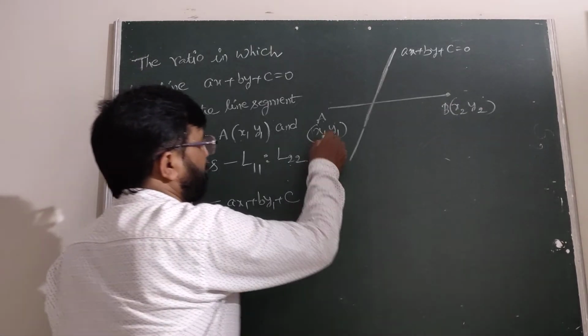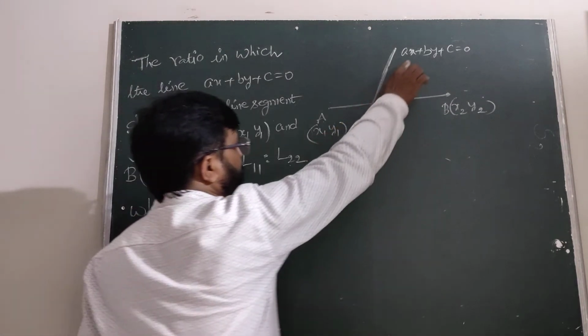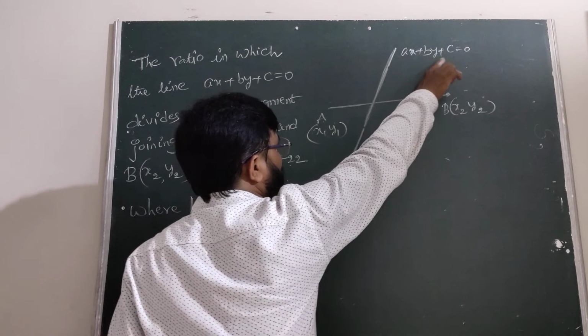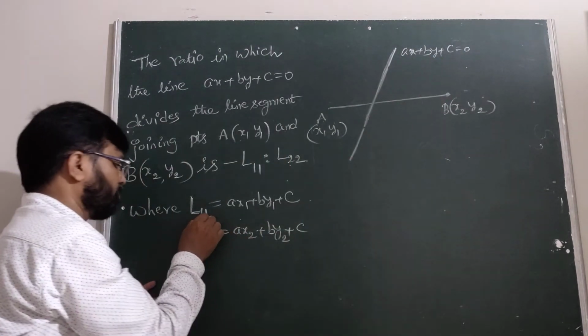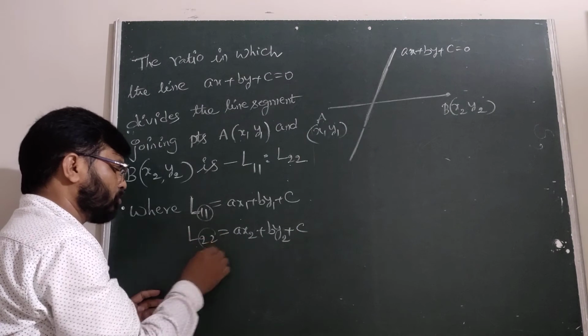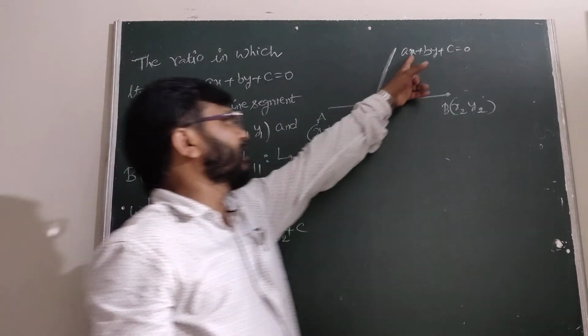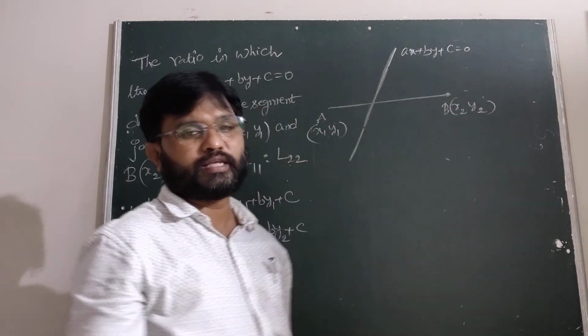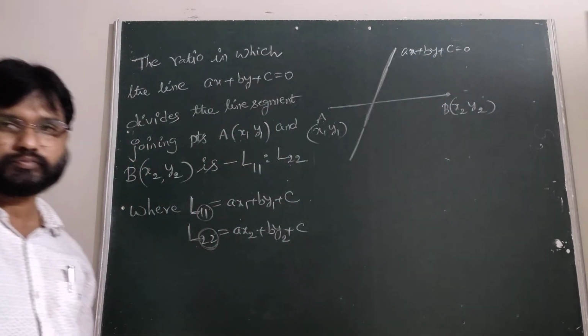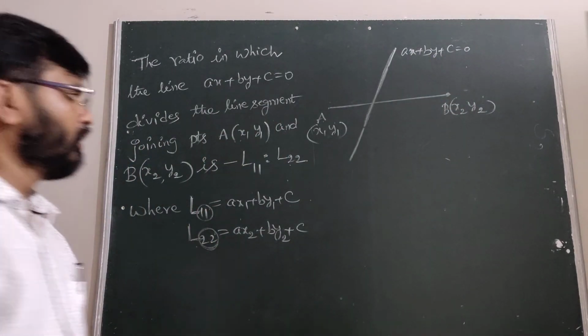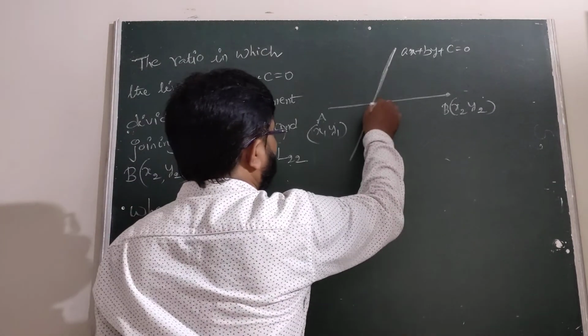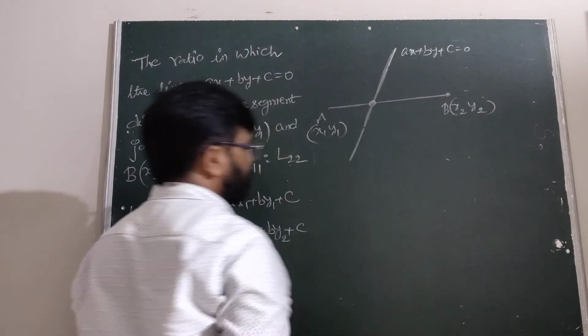What is L11? Substitute the point A in ax1 plus by1 plus c, that is L11. L22 is obtained by substituting B, that is ax2 plus by2 plus c. Is it clear?